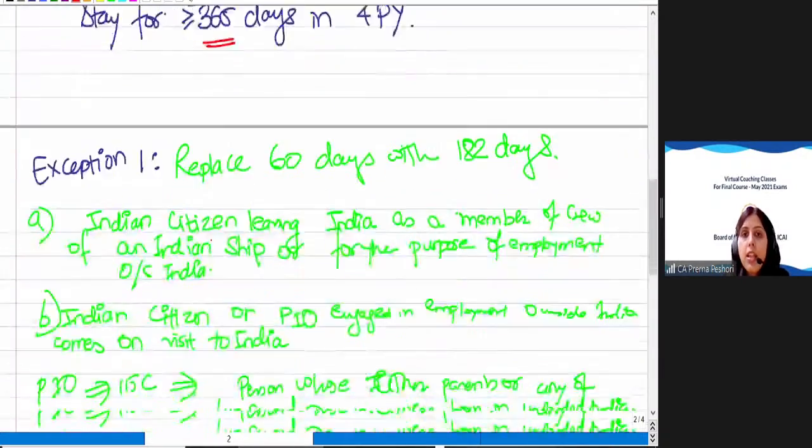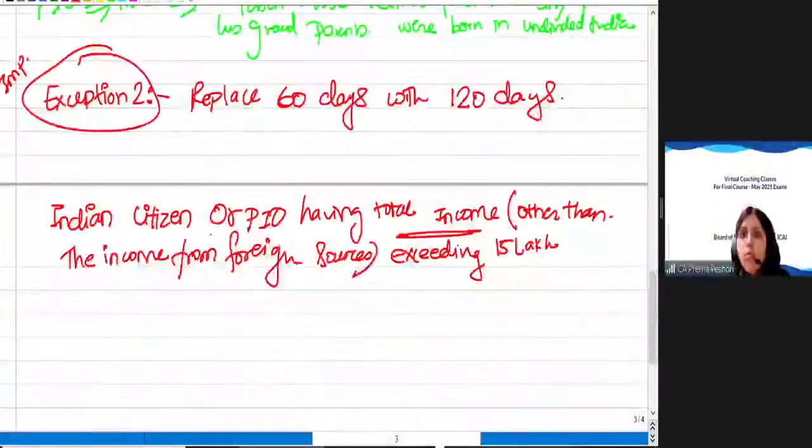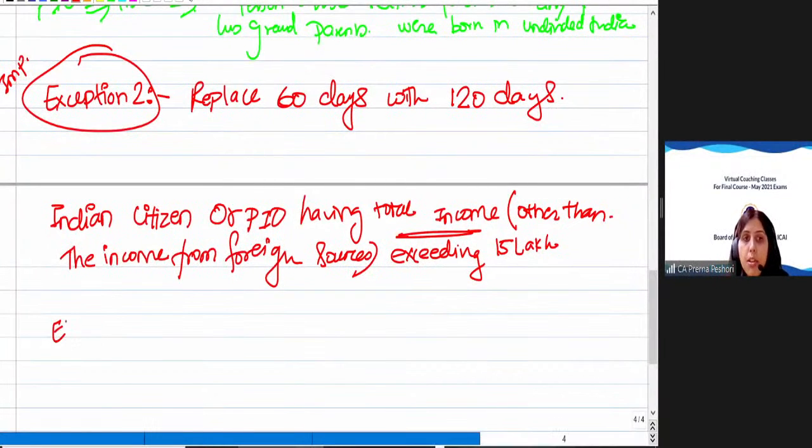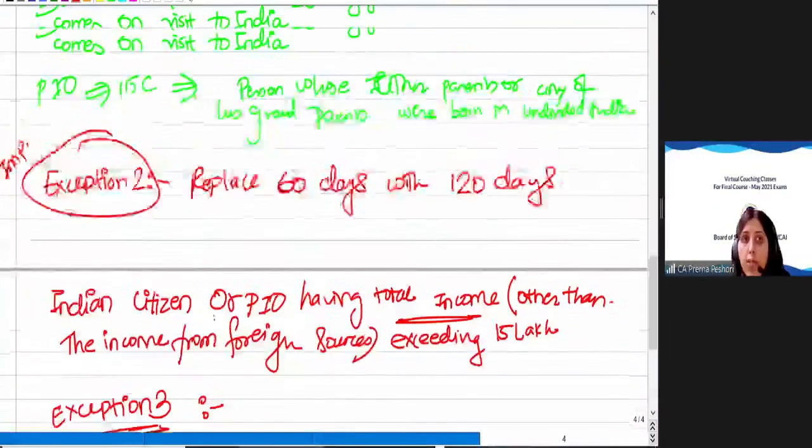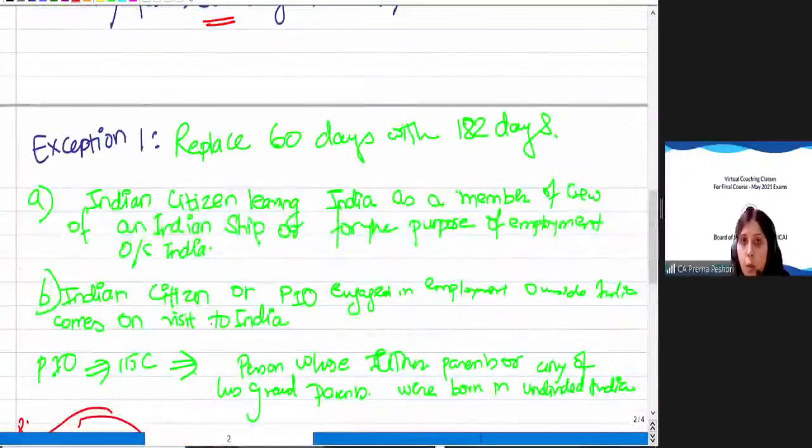Then I'll tell you about income from foreign sources, but let me deal with the exception number 3 too. Now, a person who is not a resident as per section 6.1. This, whatever we have talked about, is section 6.1.